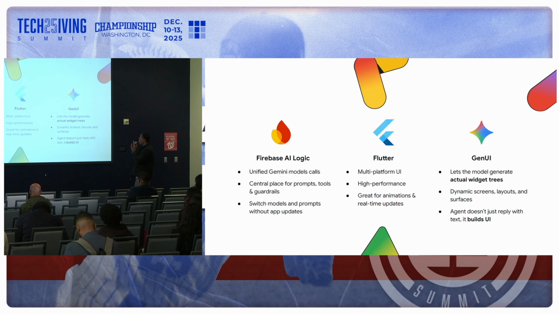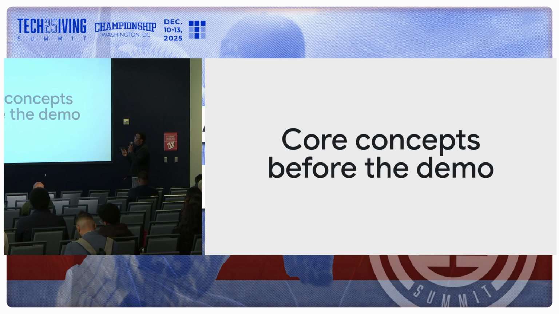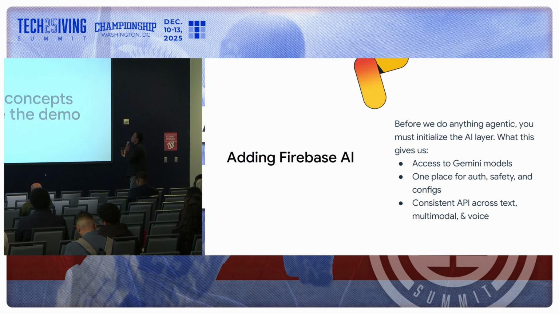Now for Gen UI, it lets the model generate actual UI widget trees, dynamic screens, layouts, and surfaces. And the agent doesn't just reply with text, but it replies with a dynamic user interface. Now, I have to go through some core concepts before the demo.